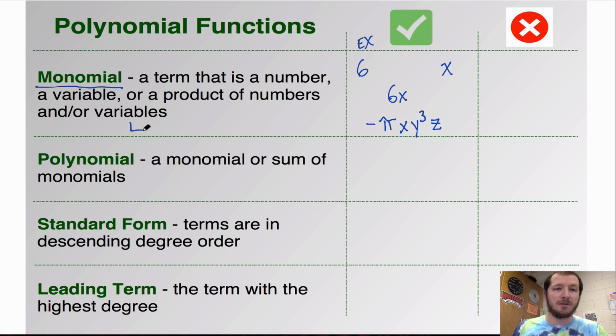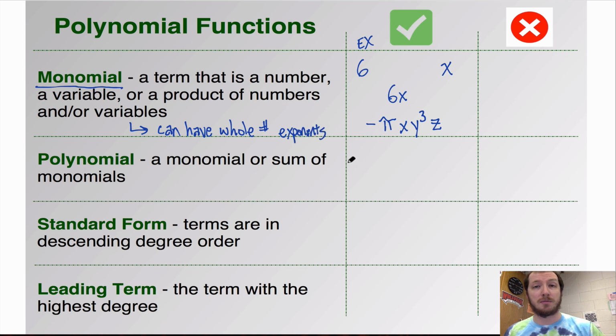By the way, these variables can have whole number exponents, so no fraction exponents and no negative exponents for a monomial.